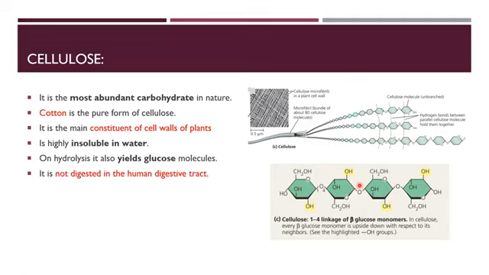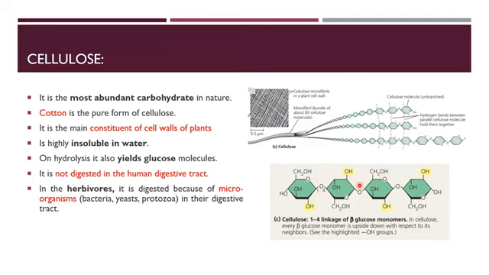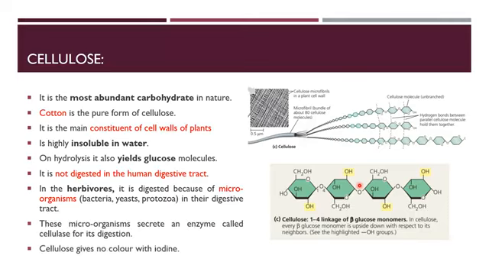And the most important thing, we cannot digest this cellulose, because we lack the enzyme cellulase that is required for its breakdown. Herbivores can easily digest plants containing cellulose because their digestive tract is inhabited by microorganisms, the bacteria, yeast, and protozoa, that release the cellulase enzyme for the digestion of cellulose.